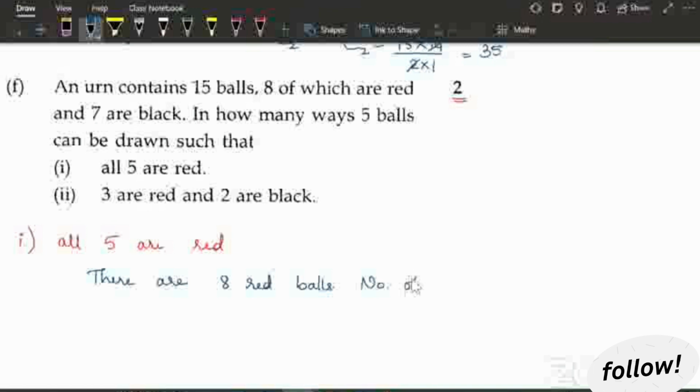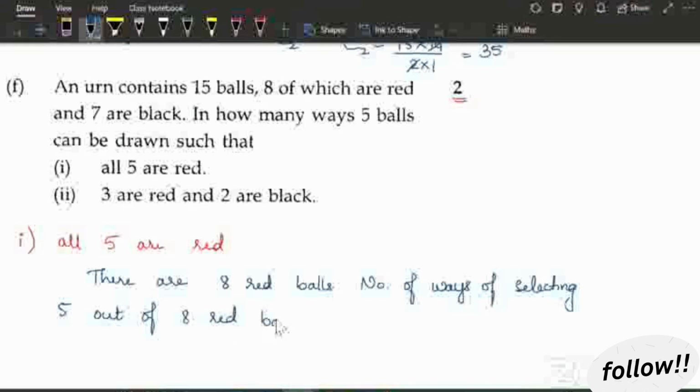Number of ways of selecting 5 red out of 8 red balls is equal to 8C5. 8C5 is the same as 8C3.